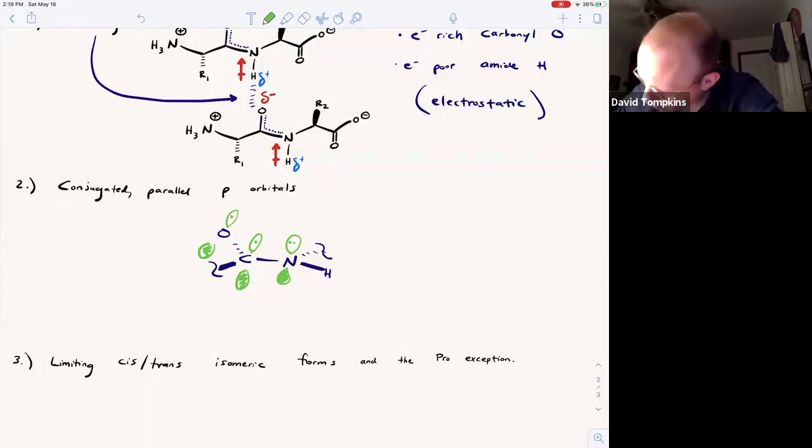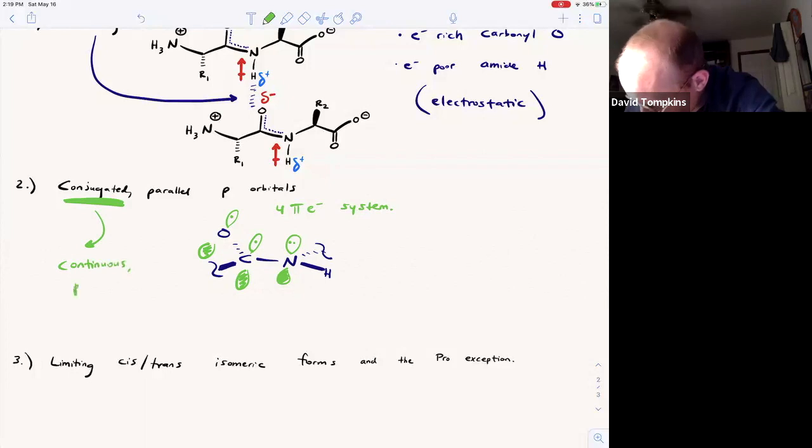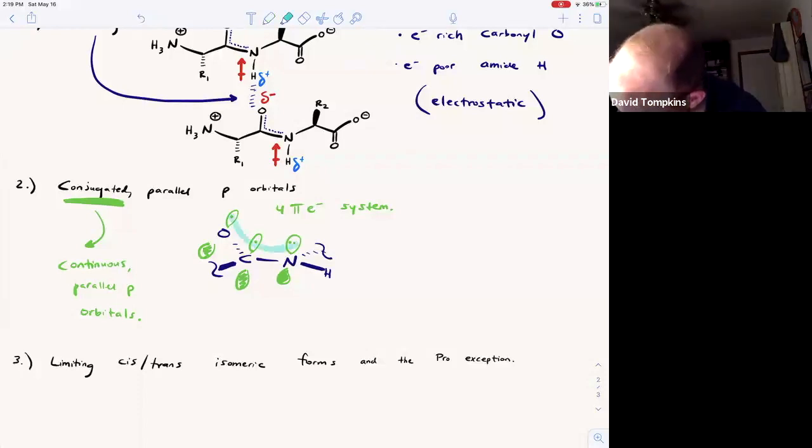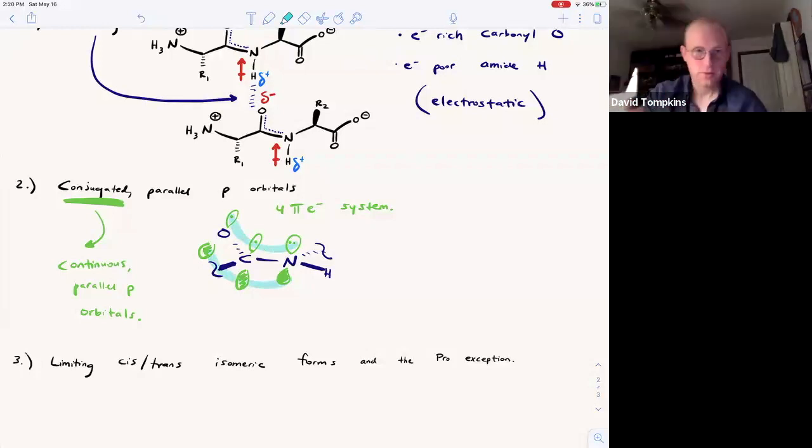And this is a 4 pi electron system, or they are conjugated in that you have continuous parallel p orbitals. This delocalization is explained by the resonance forms we drew above, but those 4 electrons are spread out throughout the 3 atoms and their 3 p orbitals.